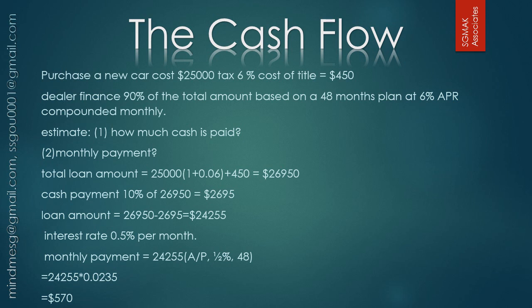A 10% cash payment gives us $2,695. So that's your down payment, close to $2,700. The loan amount, the remaining amount, is $24,255. So that's the money you're borrowing from the dealer.